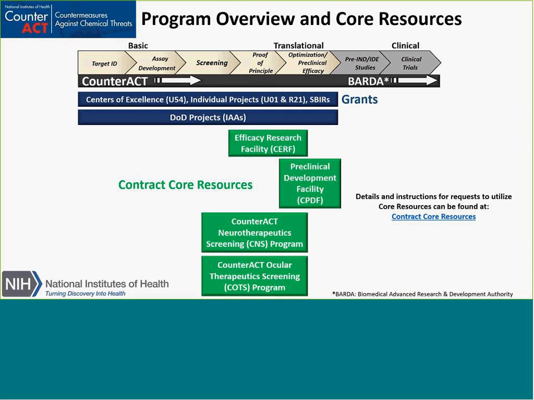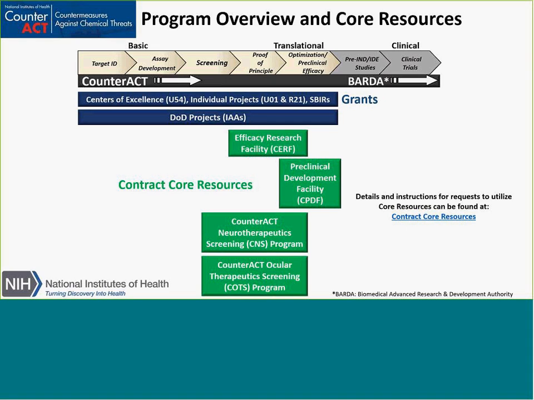The CounterACT program is designed to support research from the discovery phase, including the identification of therapeutic targets, through the development of optimized lead candidates ready for advanced development by other agencies like the Biomedical Advanced Research and Development Authority, or BARDA, or other entities.